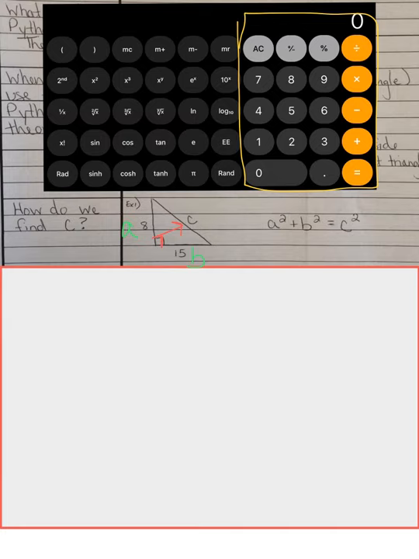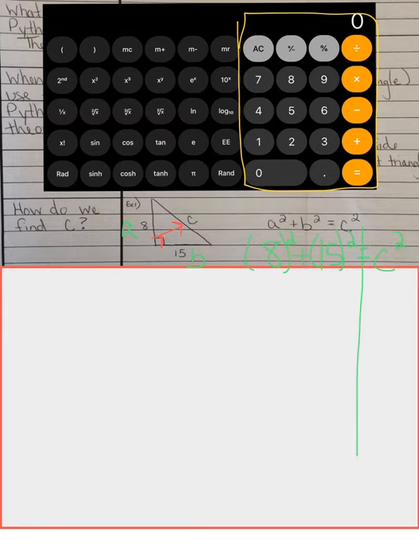So we are literally going to plug those numbers into my formula. A squared, well, what is A? A is the number 8. So put it in parentheses and put a squared symbol. B squared, B is 15. Put it in parentheses and put a squared symbol. And we don't know C, that's what we are finding. So when you square something, you times it by itself.